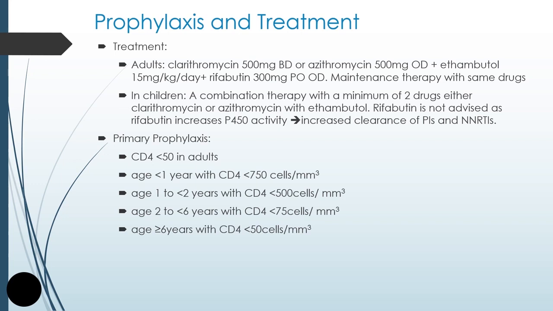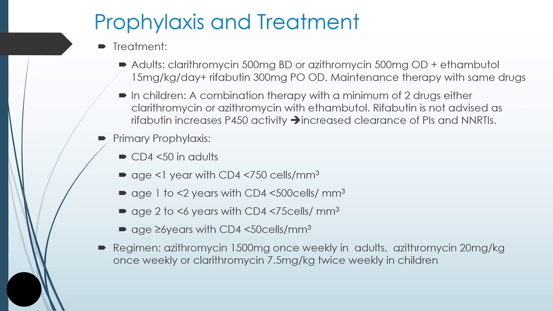For children between 1 to less than 2 years of age, the cutoff is less than 500 cells. In patients more than 2 years but less than 6 years of age, the cutoff for CD4 count is 75 cells. And in children who are 6 years or older, the cutoff is the same as for adults, that is less than 50 cells per cubic millimeter.